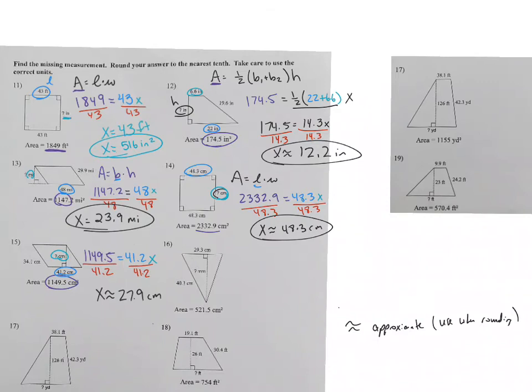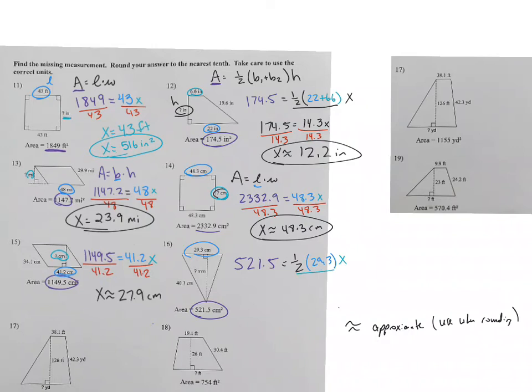16 is a triangle. So my triangle says the area is equal to 1/2 base times height. So my 521.5 is equal to 1/2 times the base, which is 29.3. The height we don't know, so we're just going to call that x.